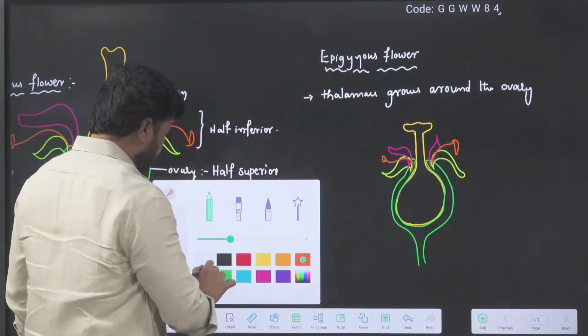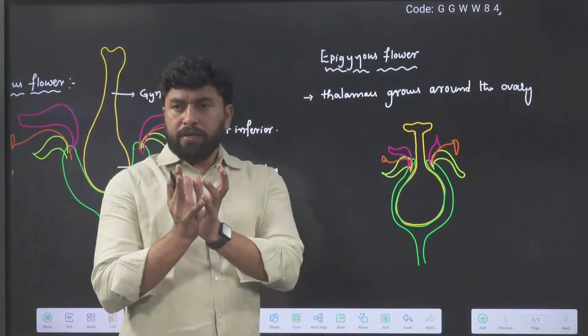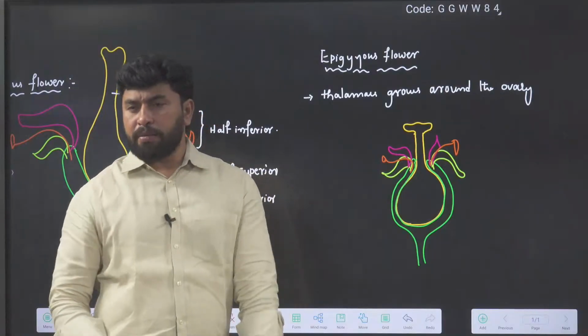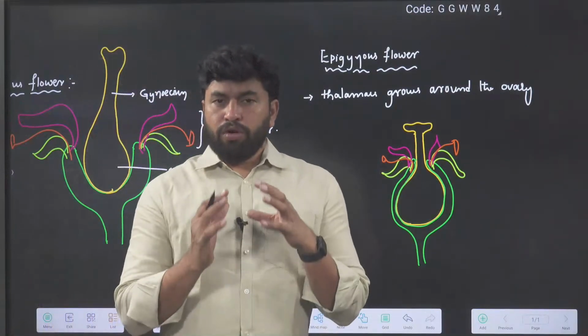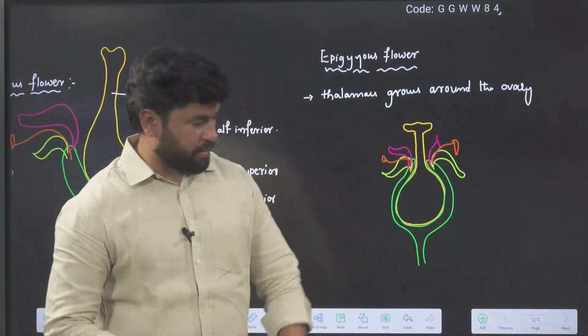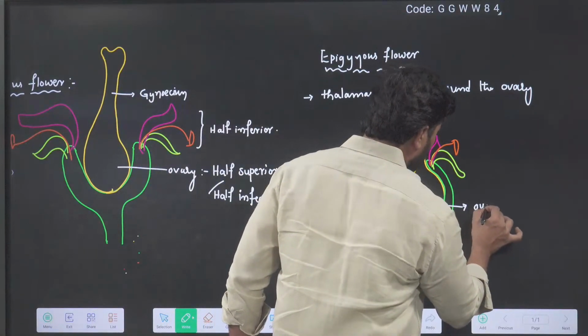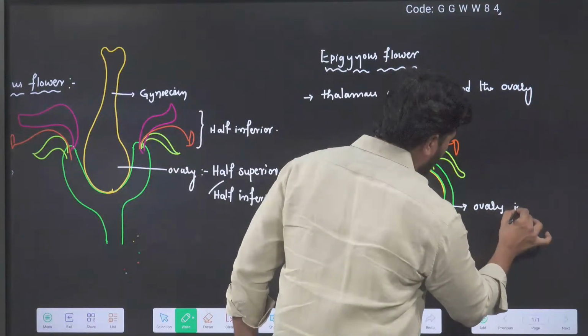This is an arrangement of ovary which is fused in thalamus. Be careful. Ovary has been fused inside thalamus. That's why this ovary we call it as inferior ovary.